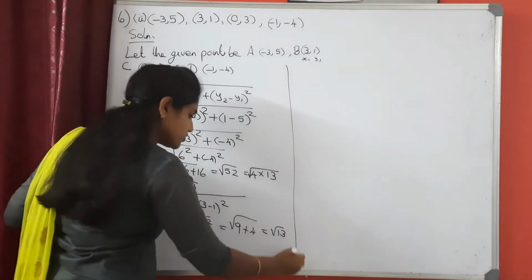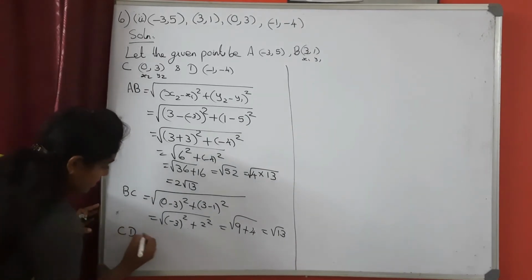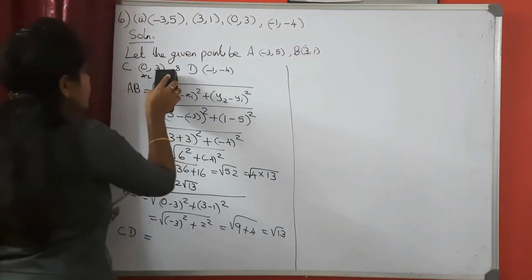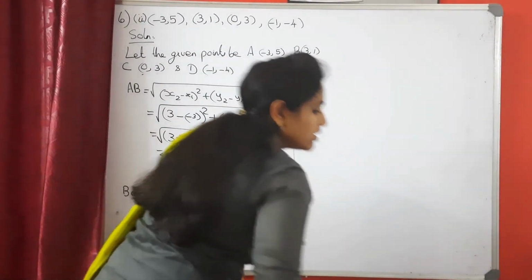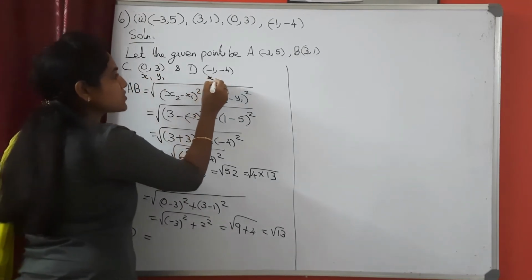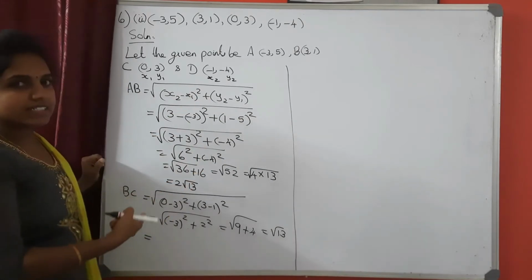Next we need to find the CD. Now this is x1, y1, x2 and y2 value. Apply the values in the distance formula.